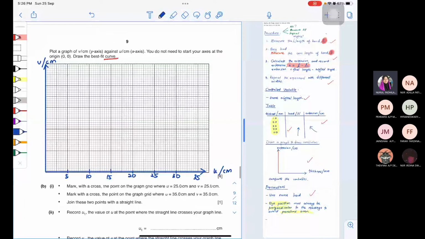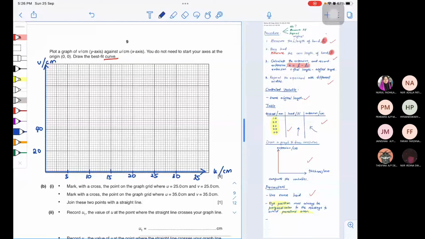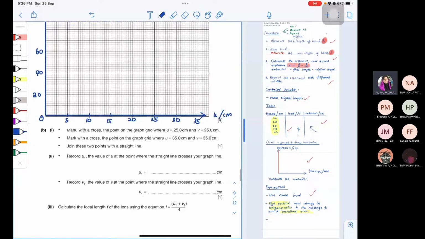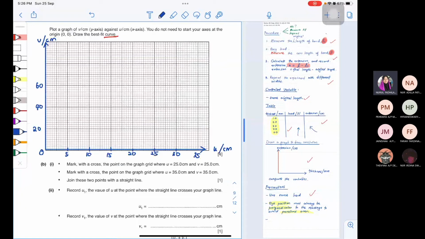Jadi 60 berapa? 5, 10, 20. Okay. So sini berapa? 0. Okay. Jadi when 20 respective 60. 20, 60. Okay, 20, 60.